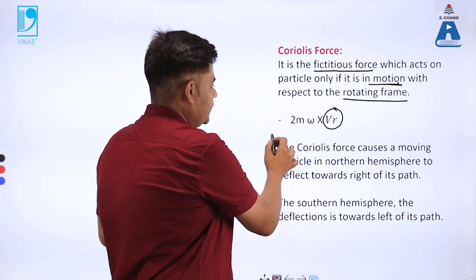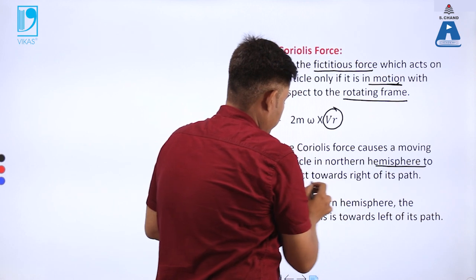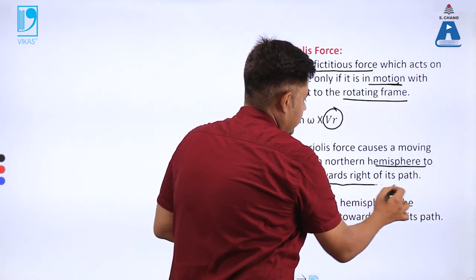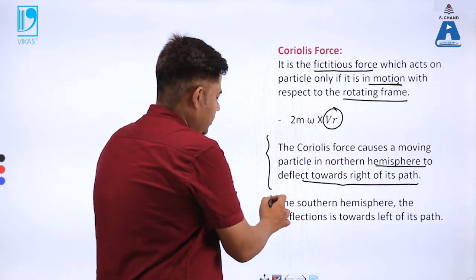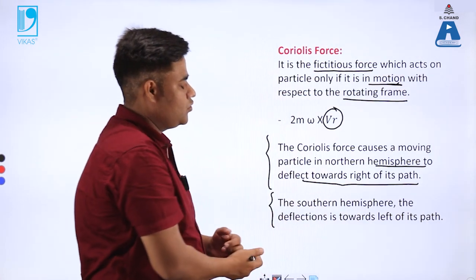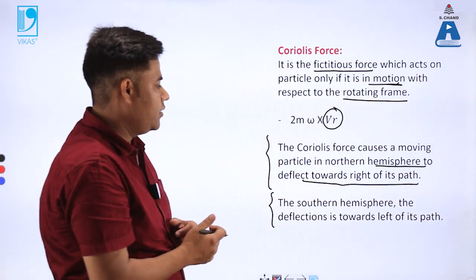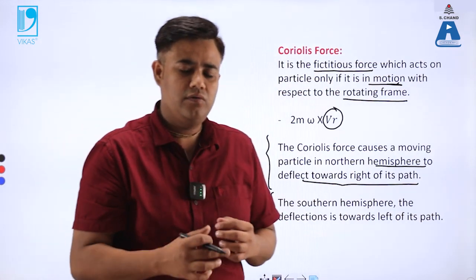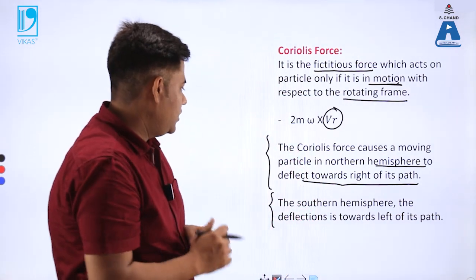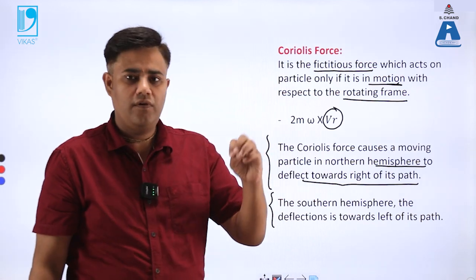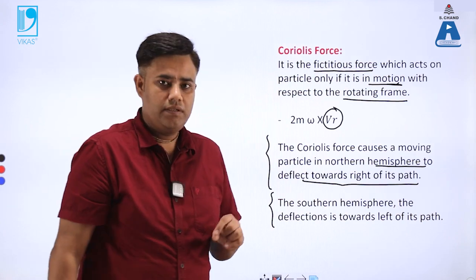So the Coriolis force causes the moving particle in the northern hemisphere to deflect towards the right of its path. This is due to the rotating motion of the earth. What happens to the particle, does it shift towards the right or towards the left whenever we make the particle fall from the earth's northern part or the earth's southern part.